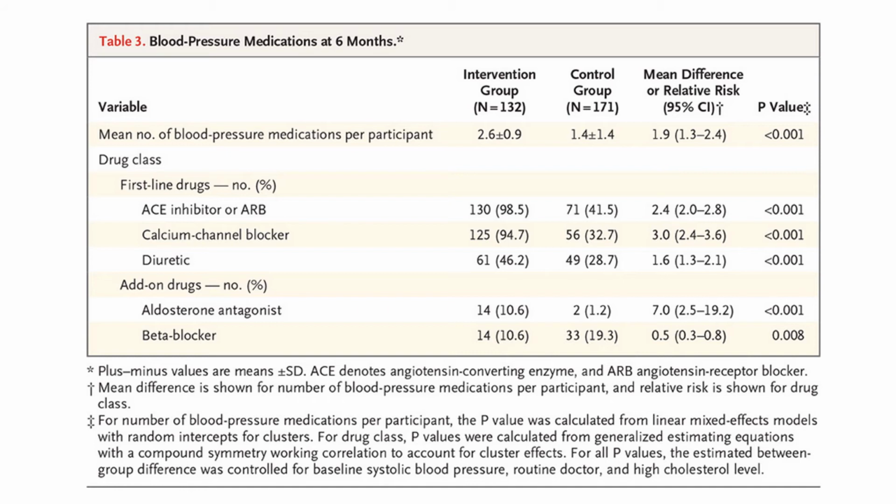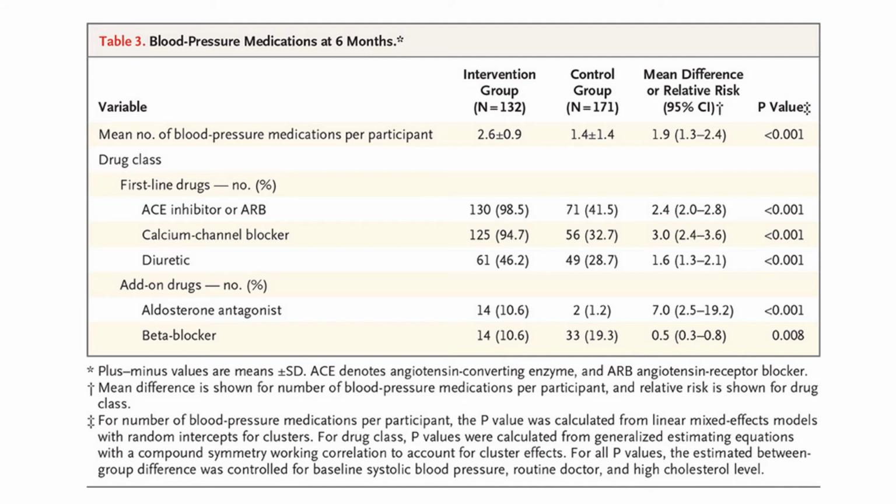What we see is that nearly 99% of the participants in the intervention groups, who were approached within the barbershops, ended up on an ACE inhibitor or an ARB after intervention, compared to just 42% of the control. And again, this is important to highlight because it goes against the ABC recommendations from the ALLHAT study from the previous slides. And we saw improved cardiovascular outcomes with ACE inhibitors.